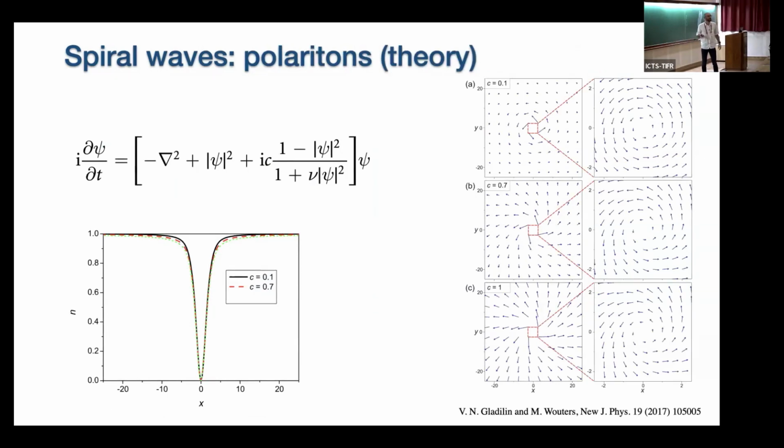So we did some simulations for this polariton equation. So in one of the reduced forms that I have shown you, where you eliminate the reservoir, but you don't expand here this denominator. And so as you would expect probably, you get a very similar phenomenology. If you make your equation dimensionless, so you choose as a unit of length the healing length so that the interaction coefficient becomes 1, then basically there is this parameter c which characterizes the non-equilibriumness of the system.